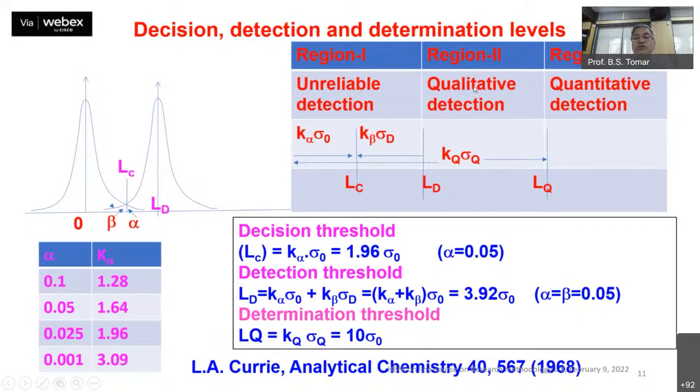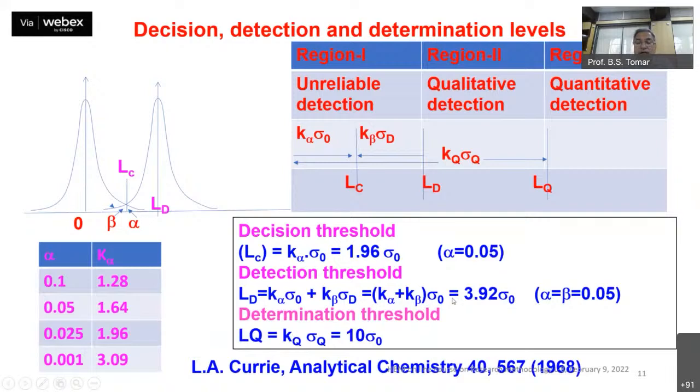Qualitatively, you can say you are able to detect the substance that you are looking for under alpha and beta equal to 0.05. Then there is the limit of quantification, or the determination threshold. The determination threshold has been defined as 10 times sigma 0. It is based on KQ.